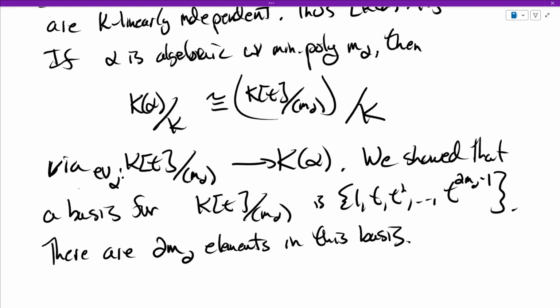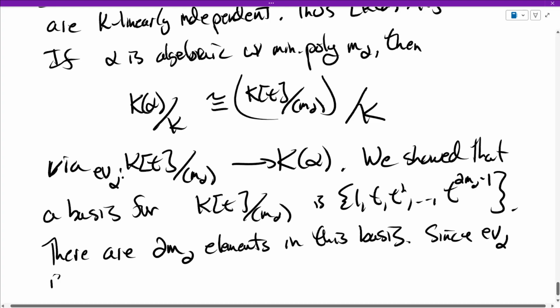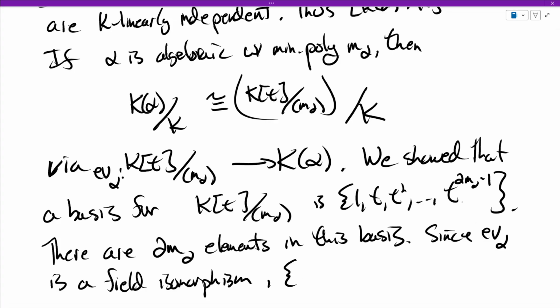And any field isomorphism is actually a vector space isomorphism. It's a linear transformation, and so since evaluation at alpha is a field isomorphism, it sends a basis to a basis. And what does it do to these t's?